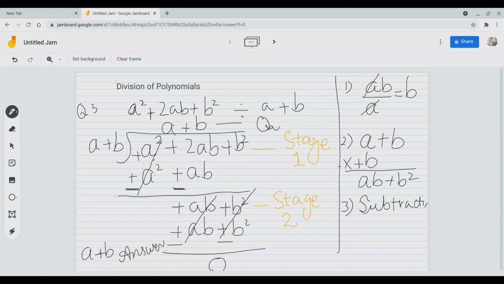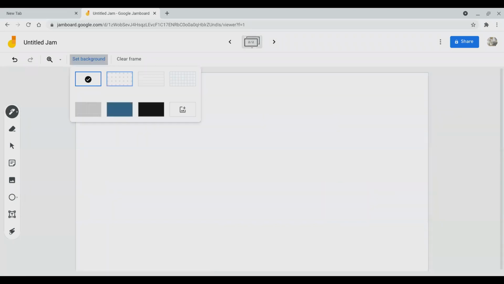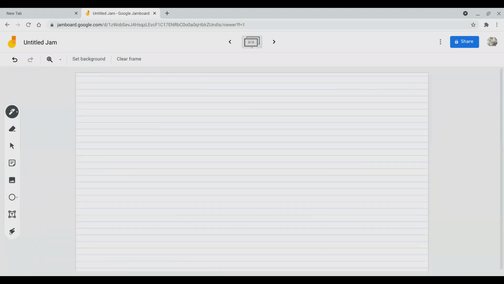For the next part, a square minus 2ab plus b square divided by a minus b.